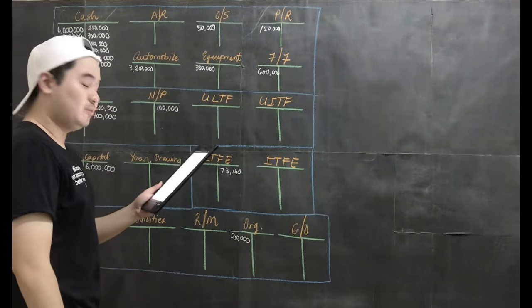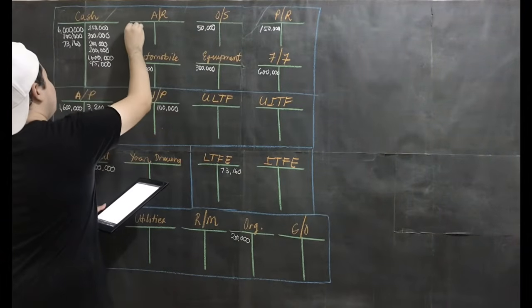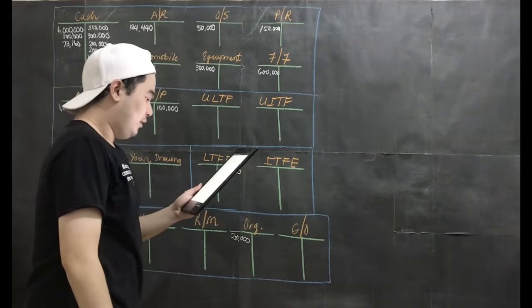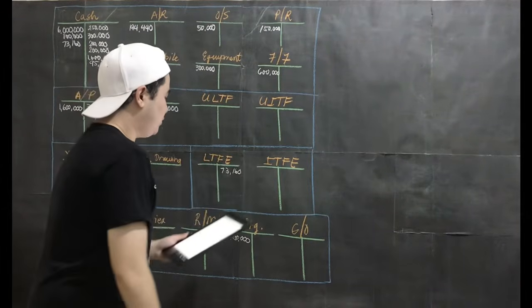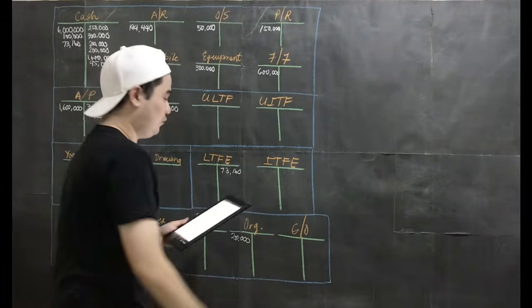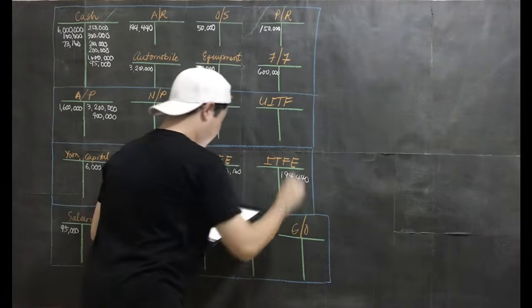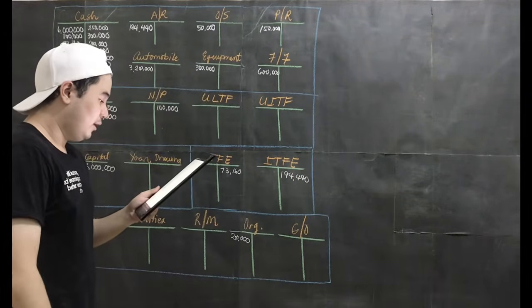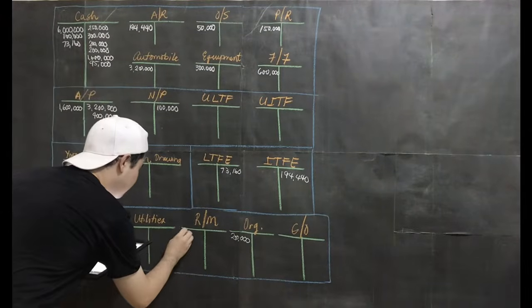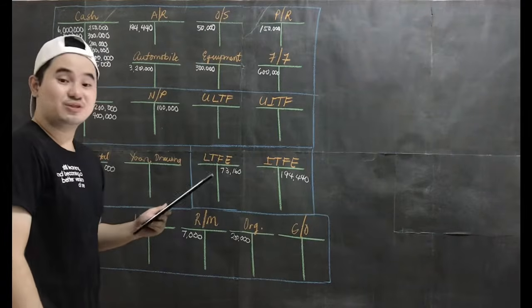Debit accounts receivable, 194,440. Credit international travel fees earned, 194,440. Debit repairs and maintenance expense, 7,000. Credit cash, 7,000.